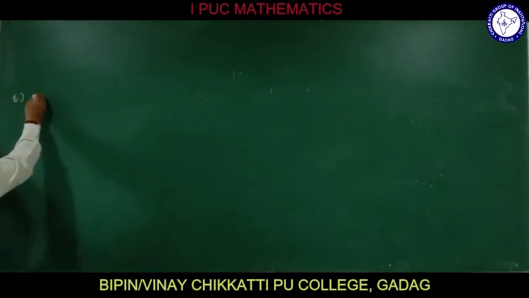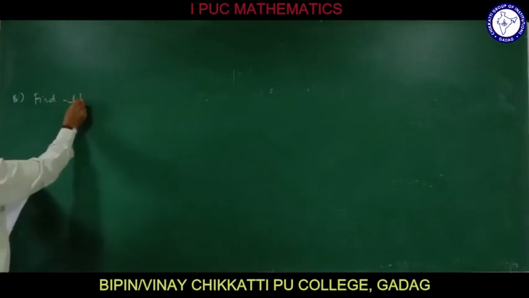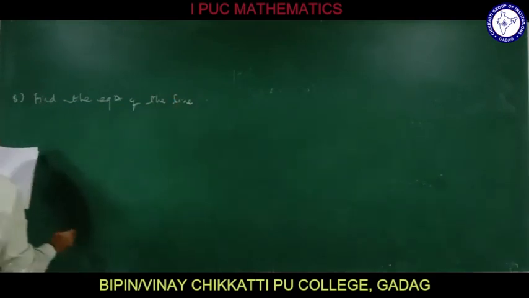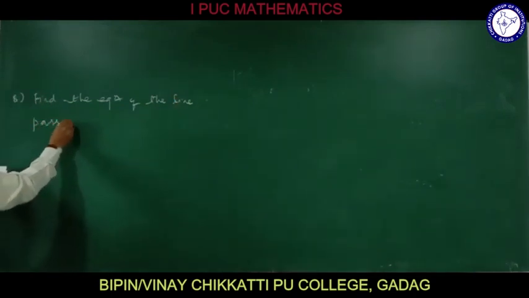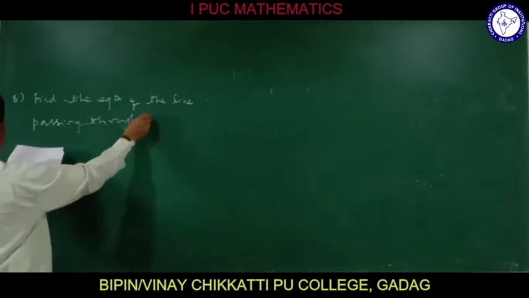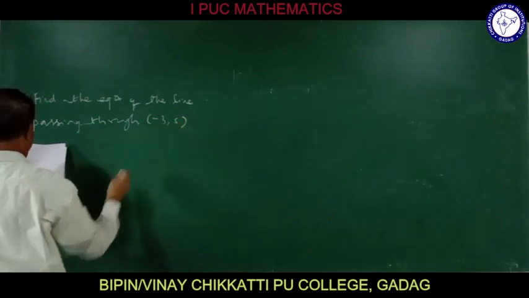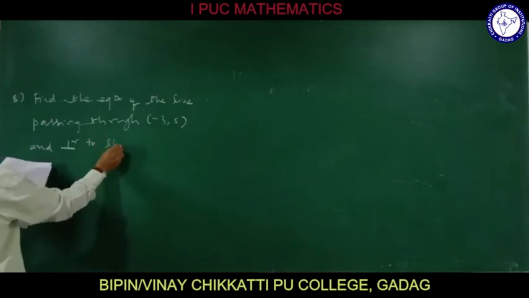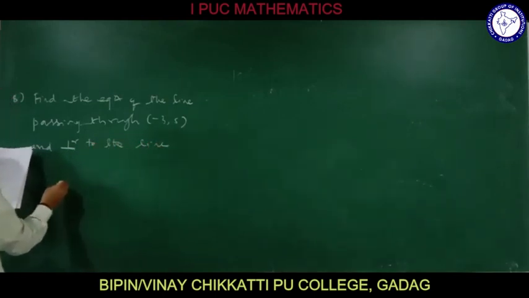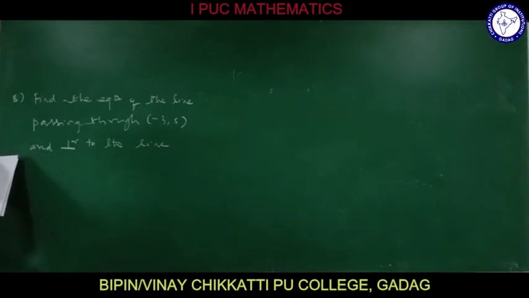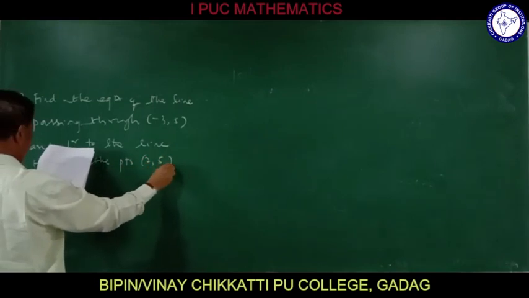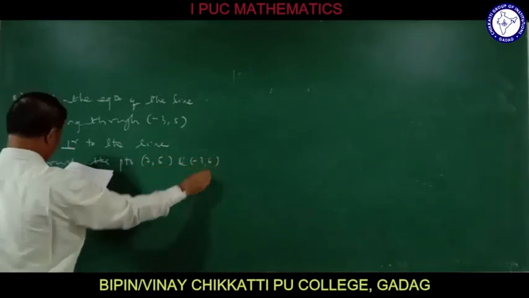Find the equation of the line passing through (-3, 5) and perpendicular to the line through the points (2, 5) and (-3, 6).